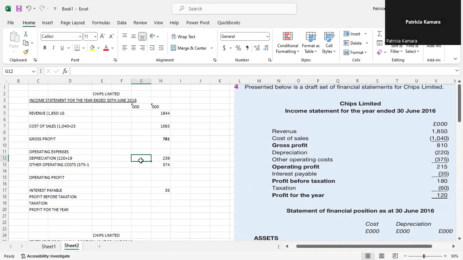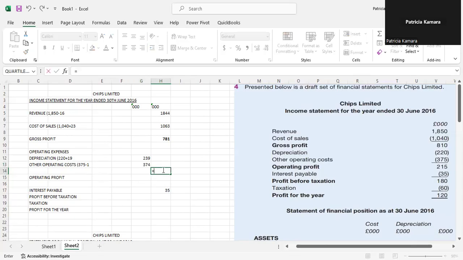Let me report these two figures here, so that when we are summing it up, it won't be difficult. Now we have to get the total operating expense. This will give us the total depreciation plus other operating costs, giving us 613.